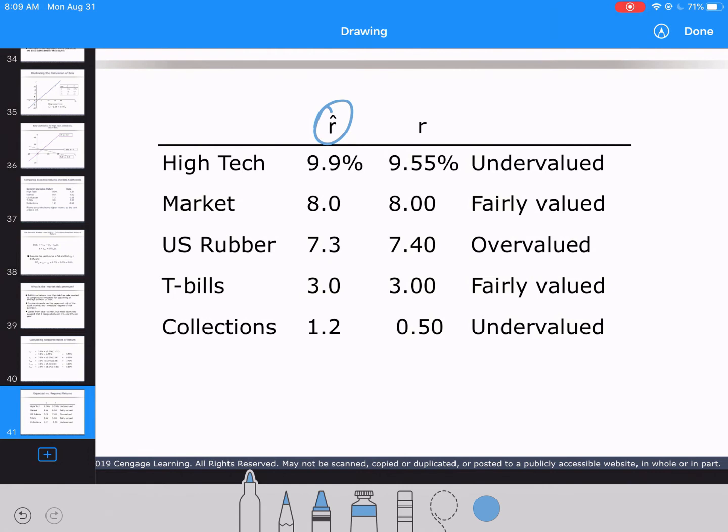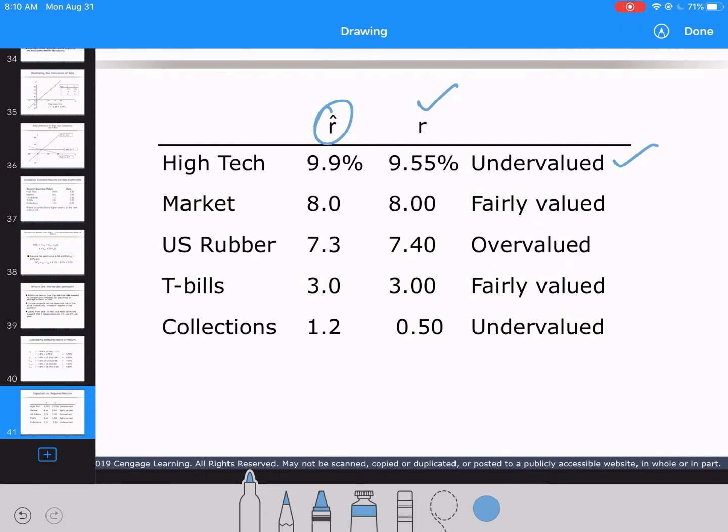The expected return was done through our existing knowledge, and the required return is our new knowledge. If you require less than expected, you say this is an undervalued security. If you require the same as expected, then it is fairly valued, and the others follow the same way. So collection is undervalued also.